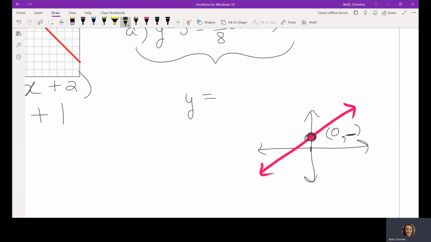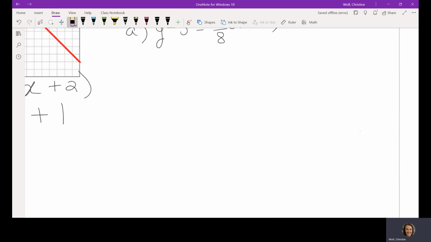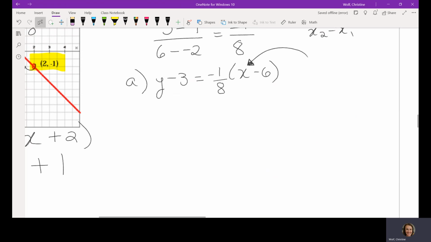So I'm forcing x to be 0. I'm forcing myself to find that point where x is 0, aka the y-intercept, okay? So that's what I'm going to do. I'm going to take this equation we just found, and I'm going to replace x with 0. I would write this down, you guys, because this is on the test.